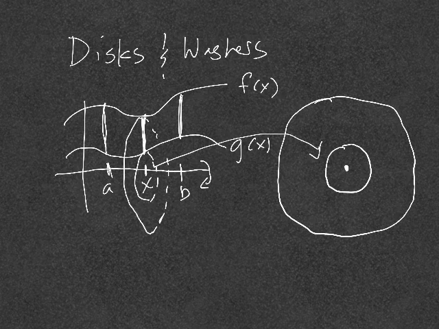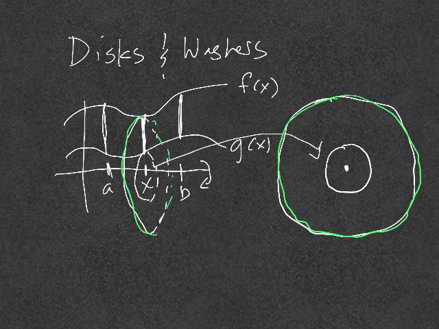And so let's add some colors in here just so it's clear what we're talking about. So this outer circle is this outer circle on our cross section. The inner circle turns into this inner circle. And so this dot in the middle, this axis of rotation, is the x-axis. And so that's coming straight out from us.